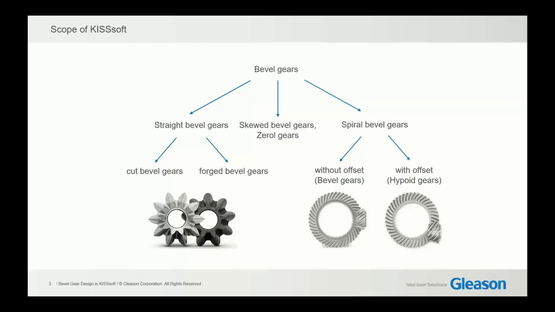I differentiated between cut and forged bevel gears, then skewed bevel gears and serrated gears, and then spiral bevel gears, the ones without offset, and the ones with offset, which means the hypoid gears. So this is the scope of the KISSsoft software as well.